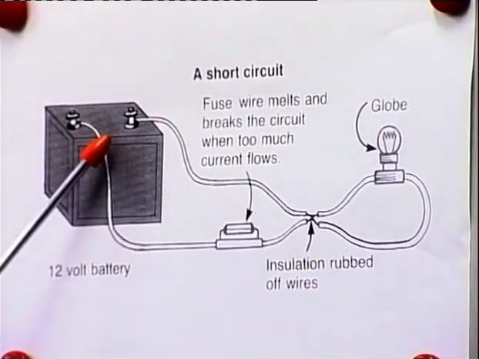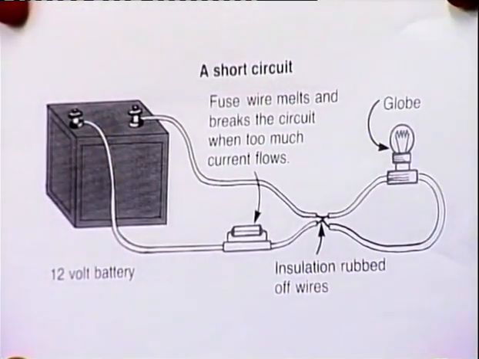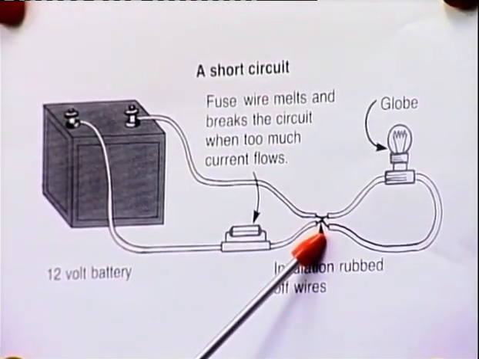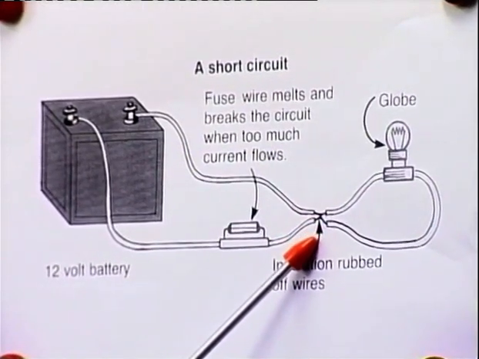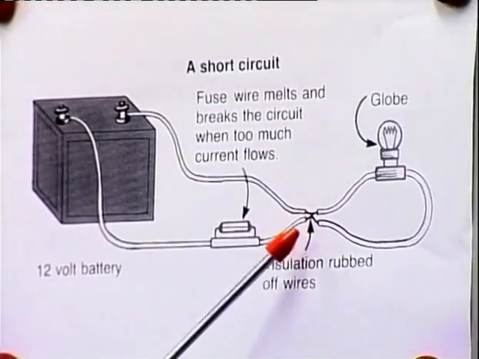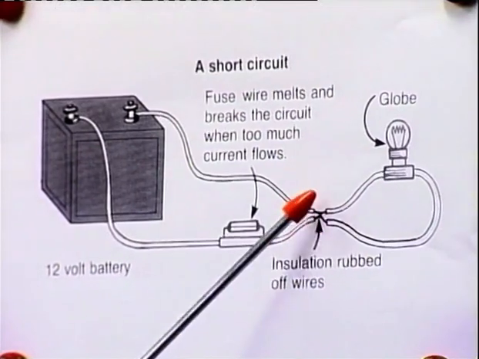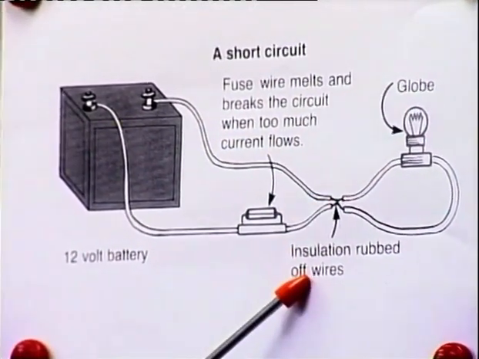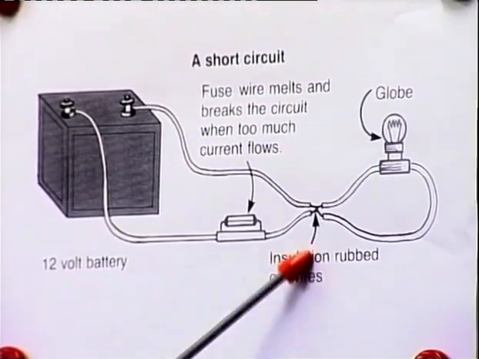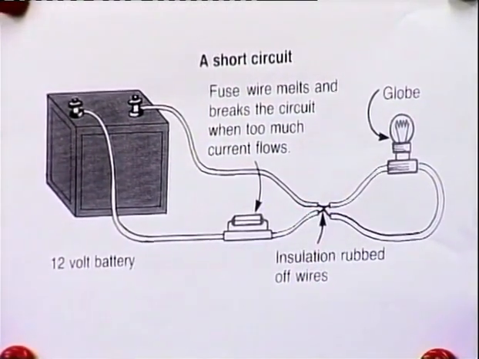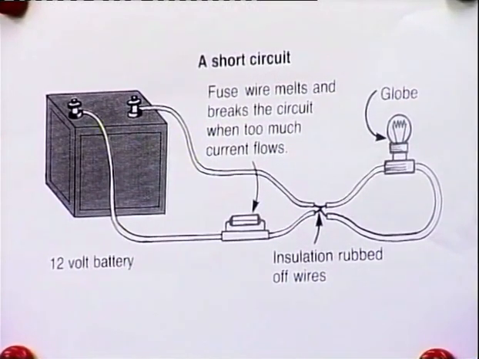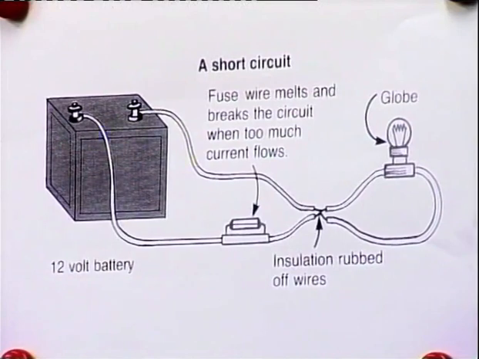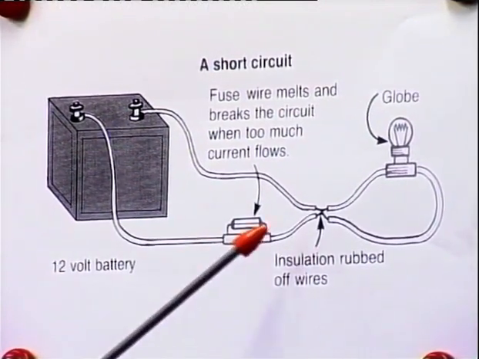Now, in this circuit, you will see a short circuit is created here, where the bare wires touch each other. Sometimes it's the rubbing off of the insulation wrapped around wires. Right? Every wiring has been coated. So when the coated part, which is the insulator, is rubbed off, it can cause death.